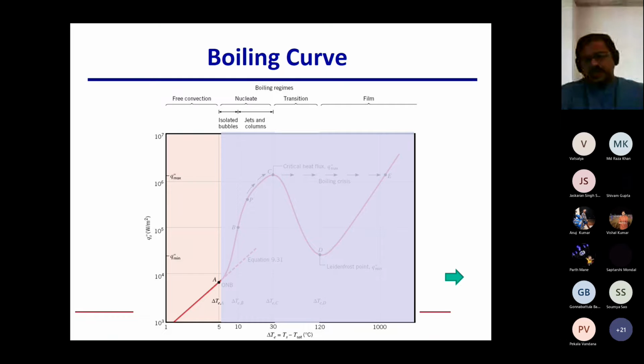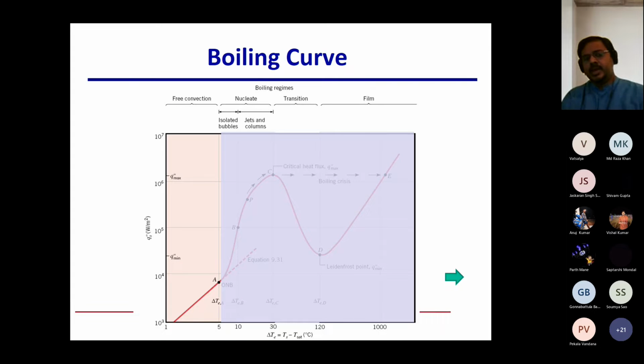These bubbles grow a little bit, and then detach from the surface. There's a bubble departure diameter, we call that. We are not going to get into all those details. The bubbles will grow, and after attaining a certain size, they get detached. The buoyancy forces will overcome the surface tension forces, and therefore it is going to detach.